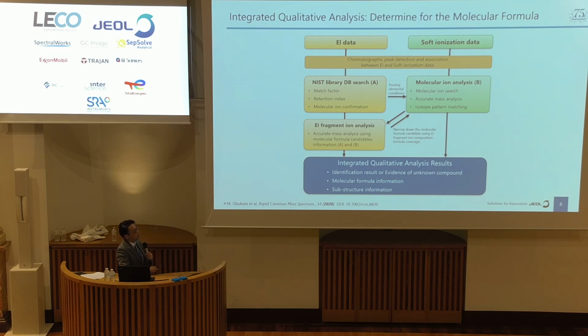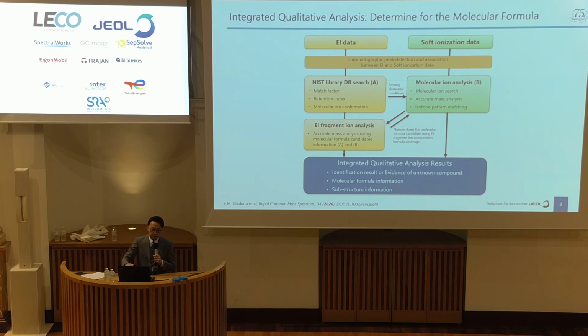At the beginning, we do the NIST library data search, and we can also do the molecular ion analysis using the soft ionization data. The software can automatically do the EI fragment ion analysis as well. I mean, we can get the composition formula for these EI fragment ions, including the substructure information.